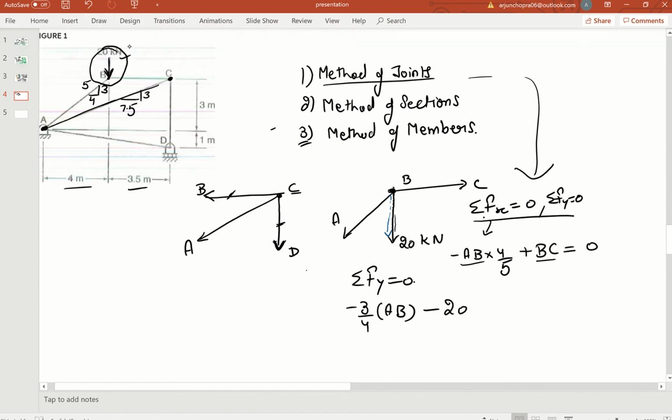Now minus 20, because 20 is also acting in the downward direction, equal to 0. So the AB value will come out to be negative 33.33. When you solve this, this is the value you're going to get.